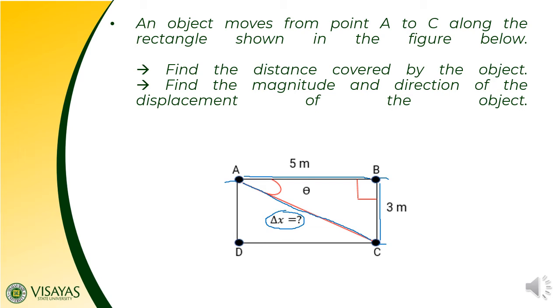That was only for that case. But here, this is a different case, so we will use a different equation because it forms a right triangle. Then we also have an angle here. We will also solve this angle because this will be an indicator for the direction of the motion of the object. So let's find out with the solution on the next slide.